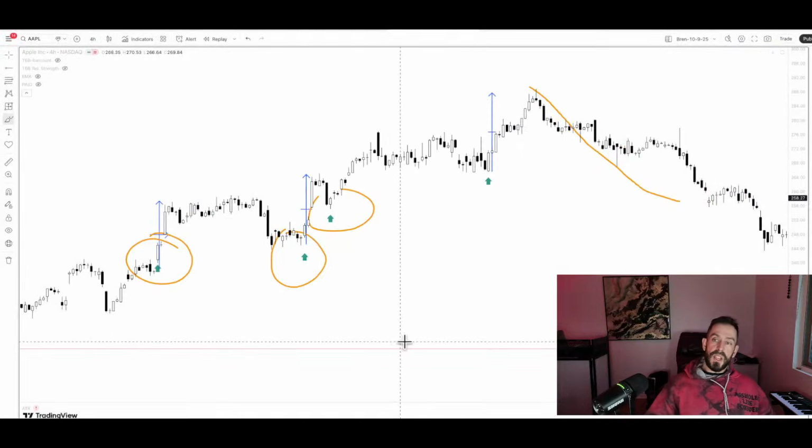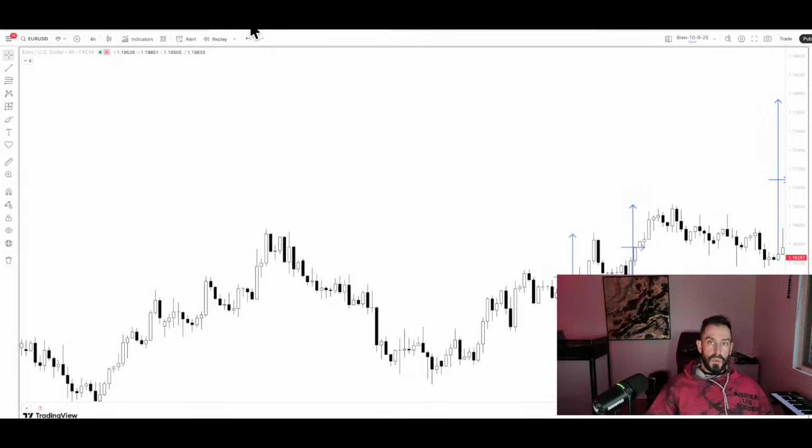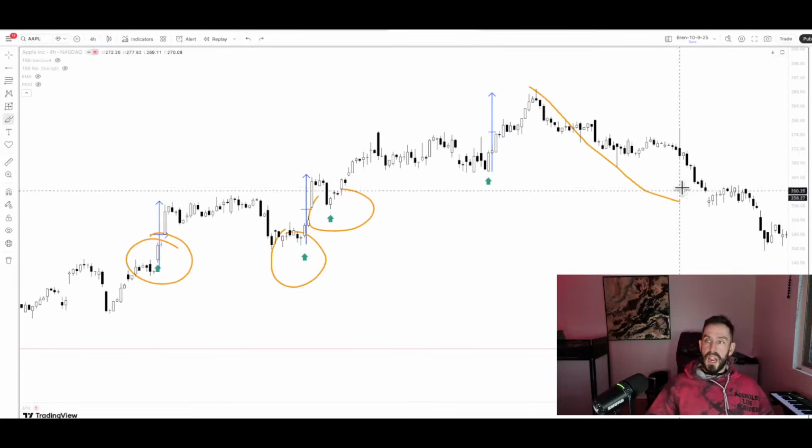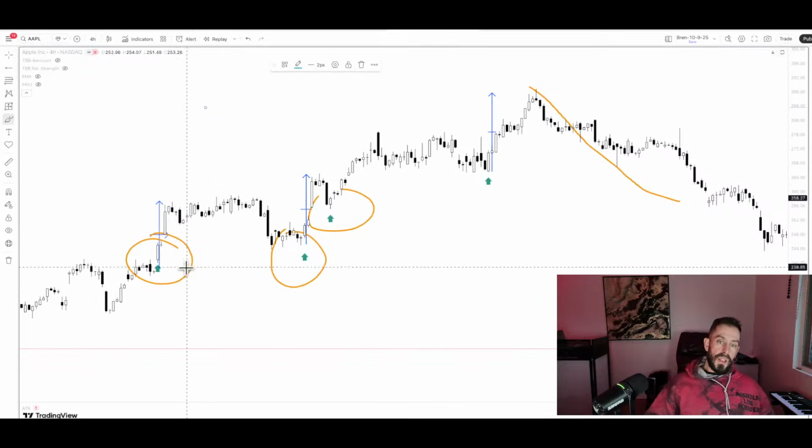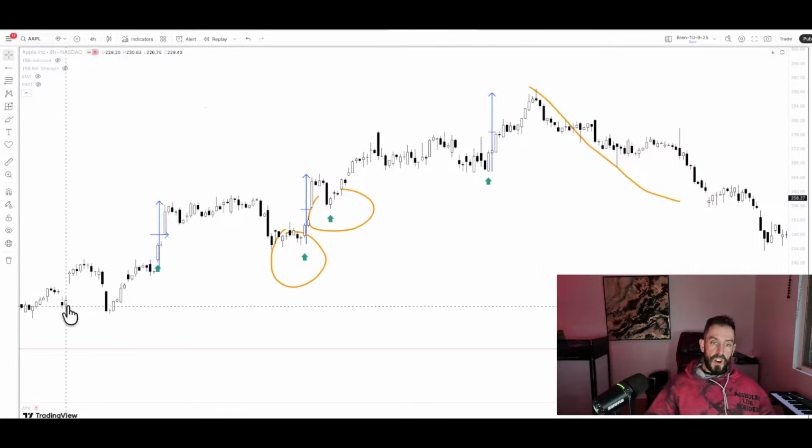So if we look here at Apple, now mind you, this is a completely different market. We just looked at Bitcoin, then we looked at the euro versus the dollar. Now we're looking at Apple, and look, 50% pullback right here. Okay, we start getting higher lows. We assume the market's trending.